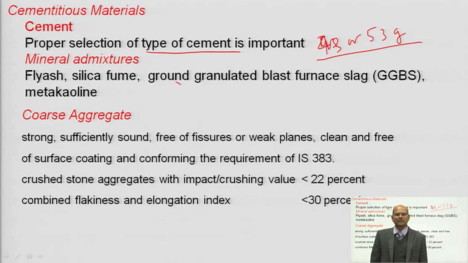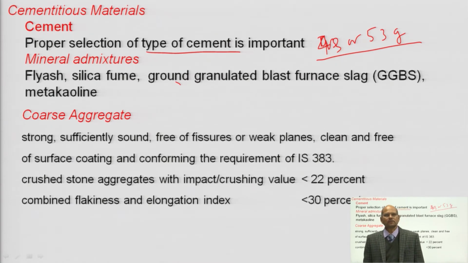So, what are the mineral admixtures? Mineral admixture is important, because the water cementitious material ratio we have to consider. If you consider only cement, then the percentage will be more, and there is a restriction on the amount of cement due to the consideration of heat of hydration. IS 456 says you should not use more than 450 kg per meter cube of cement.